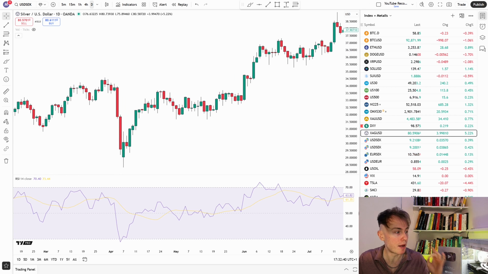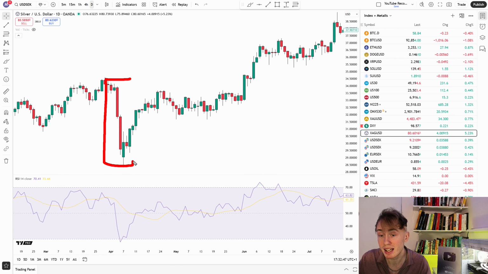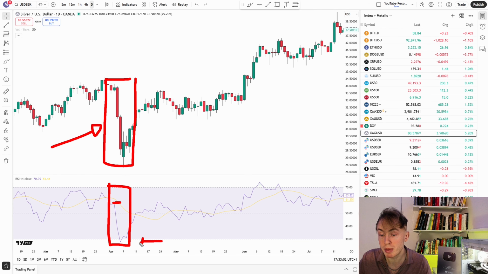For example, remember that we said that the RSI measures momentum. So when we see strong and fast movements to the downside, like you can clearly see right here, we had a very violent move to the downside. And because we saw this move, we saw a very sharp drop on the RSI. You can see the RSI dropped here from around 60 to below 30.